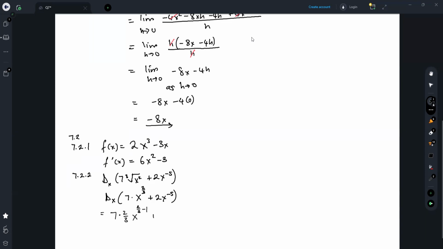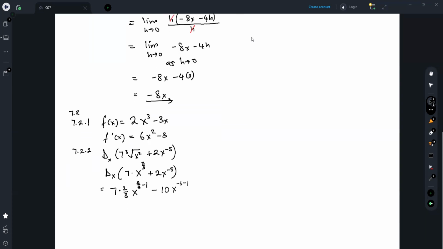And in this case, this is going to be negative, because I'm going to have negative 5 multiplied by 2, that's going to give us negative 10. And now I'm going to have negative 5 minus 1, which would give us negative 6.